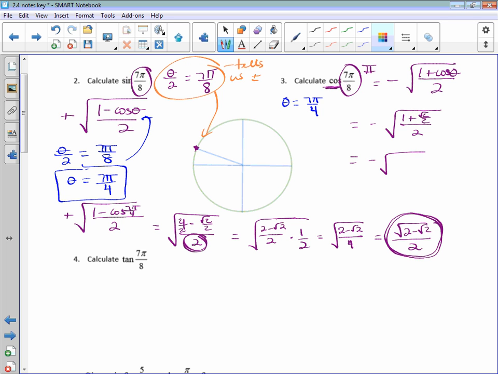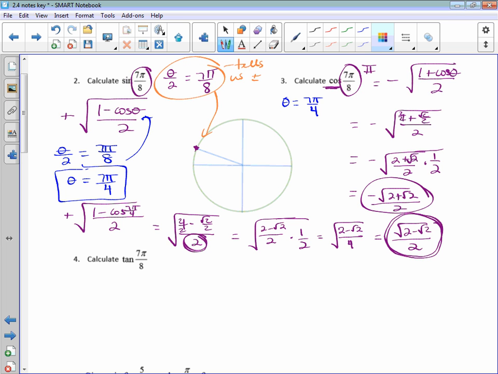Negative out in front. Remember, 1 can be 2 over 2. So 2 plus root 2 all over 2, and then times 1/2. Just like the last one. So can I skip a step and just go negative square root 2 plus root 2 all over 2? We're okay with that, or did I lose you?